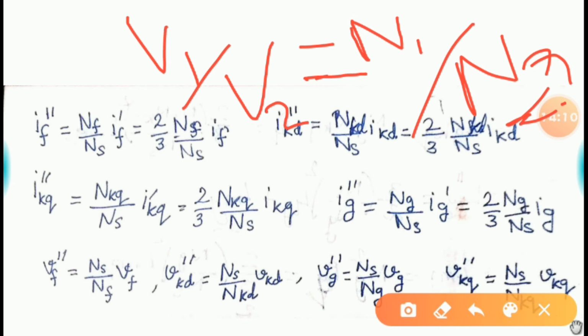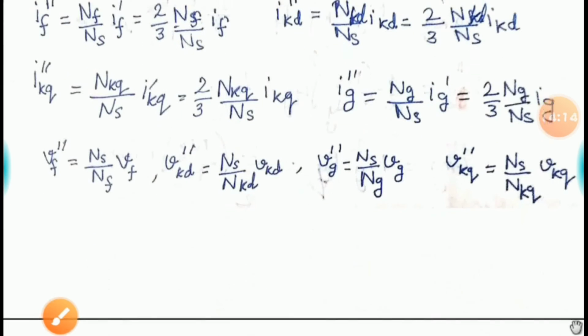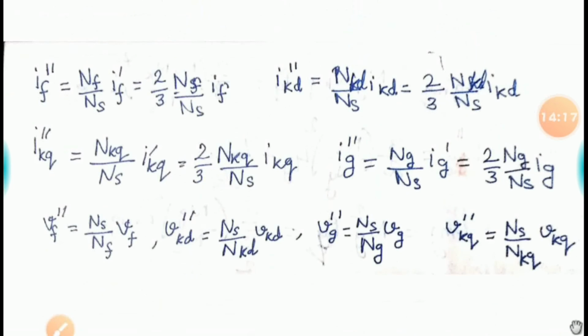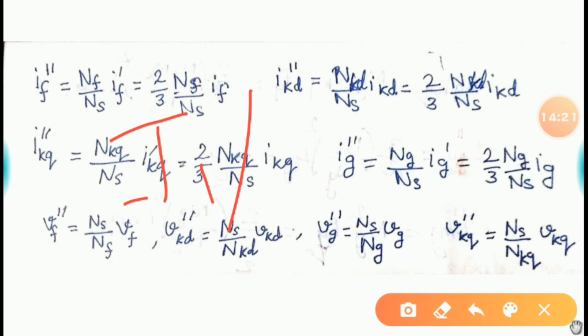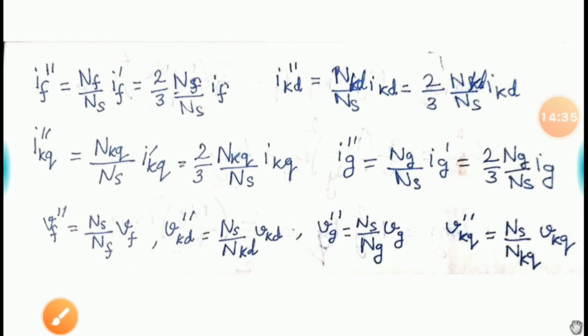And in the case of currents I1, I2, we know I1 by I2 is equal to N2 by N1, right? N2 by N1.